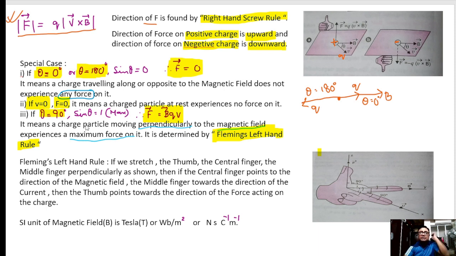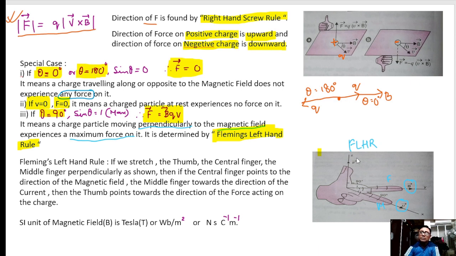So what is Fleming's left hand rule? Let me tell you. Please watch here. This is your left hand. It tells that the middle finger is the direction of velocity. The forefinger is the direction of the magnetic field.